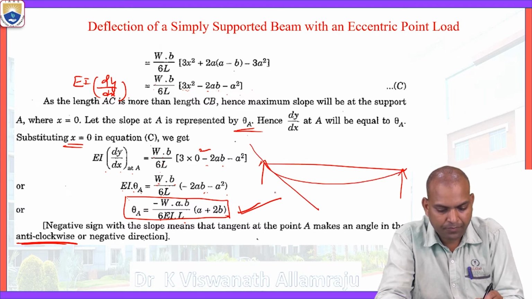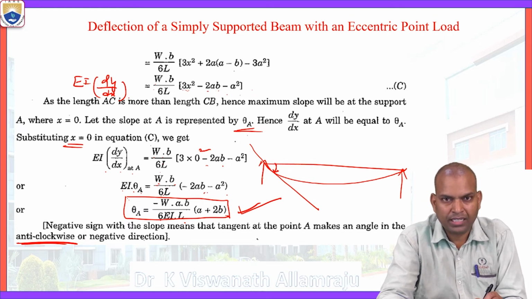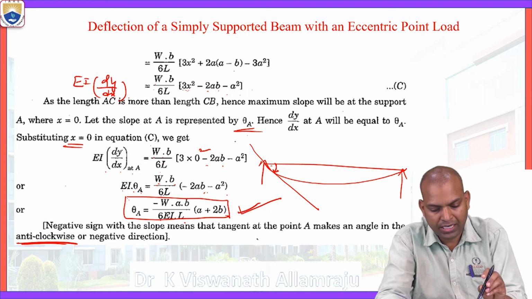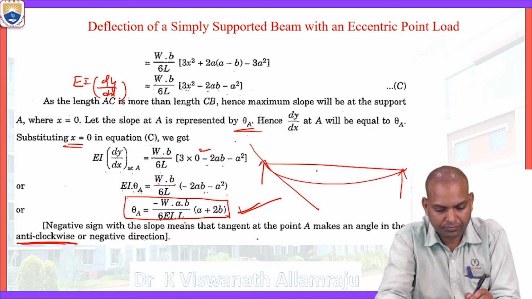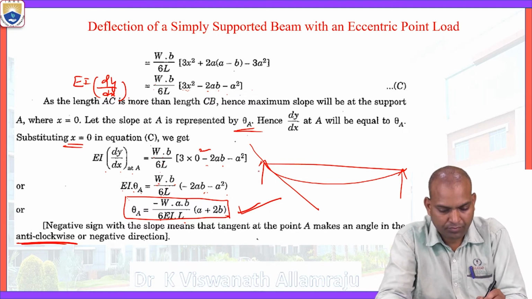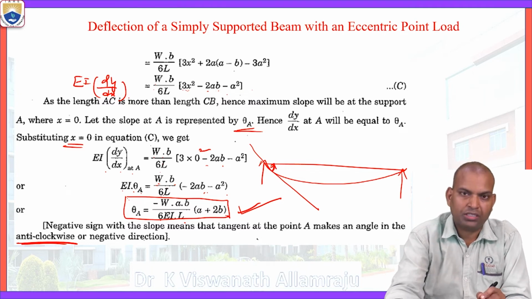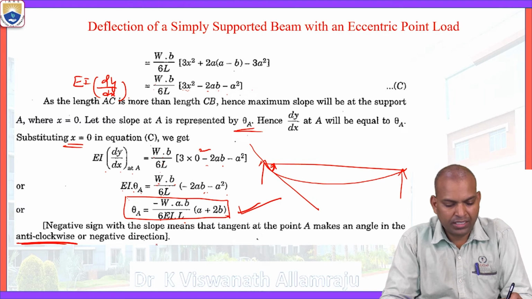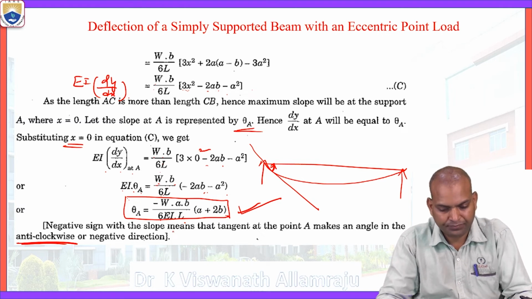The tangent is in the anti-clockwise direction. Yes, the negative sign indicates the anti-clockwise direction. So that is the meaning of the negative sign.